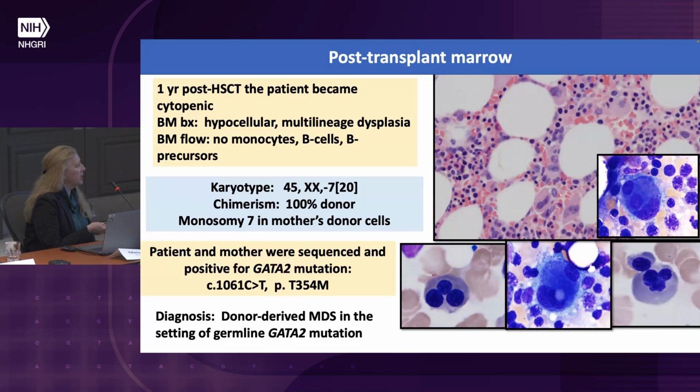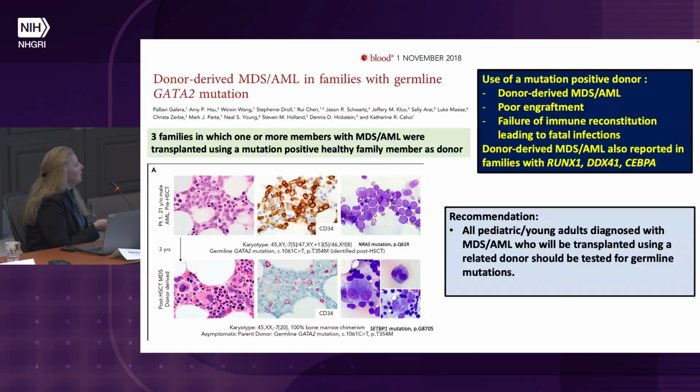The patient and mother came to NIH and were sequenced and were found to be positive for germline GATA2 mutation. So this is a case of donor-derived MDS in the setting of germline GATA2 mutation. We published a number of families that had similar situations and showed that the use of a mutation-positive donor, no matter how healthy the asymptomatic carrier is, can result in donor-derived MDS or AML, poor engraftment, or failure of immune reconstitution leading to fatal infections.